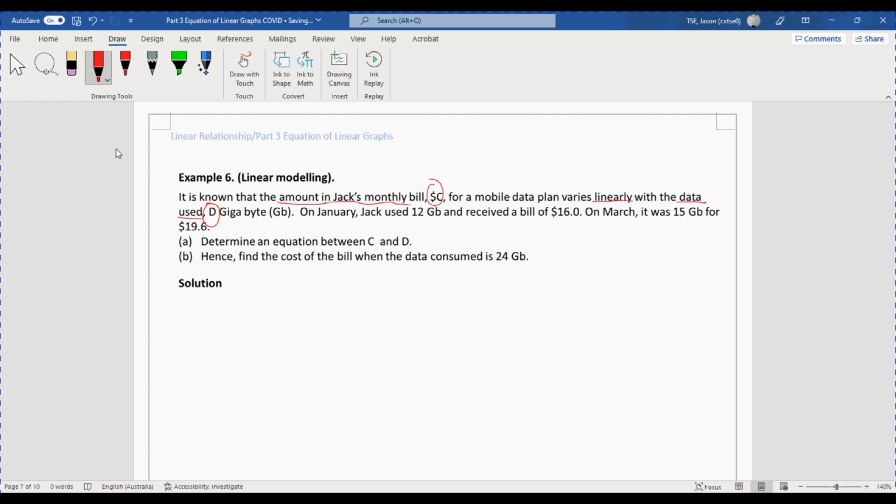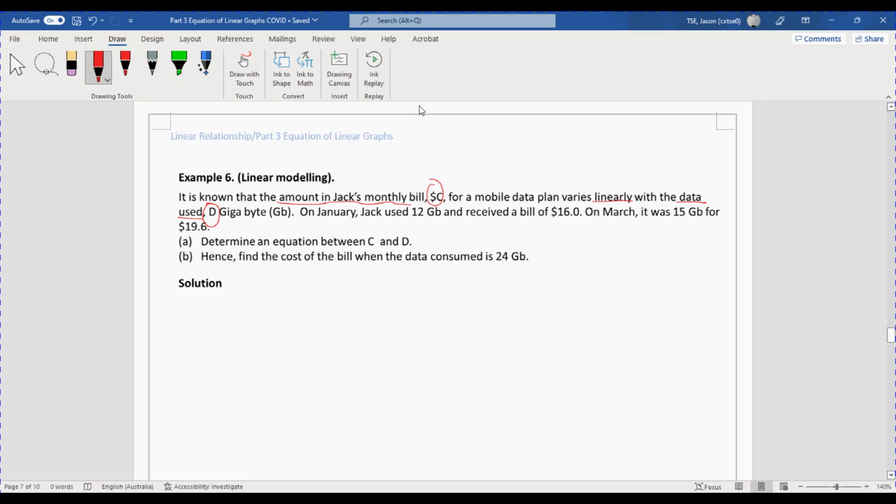The gigabytes is a unit, it is not that important. So there are two quantities, two variables, I should say, sorry for the language. One is the amount for the monthly bill, which is C. The other is the amount of data used by Jack.